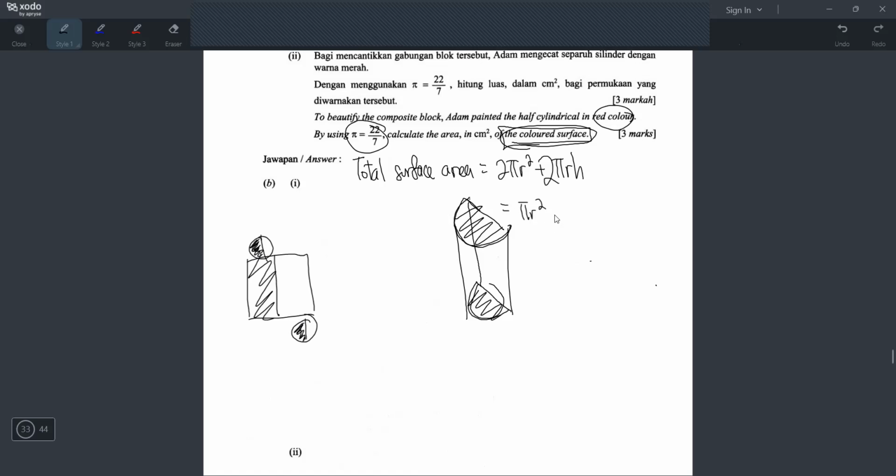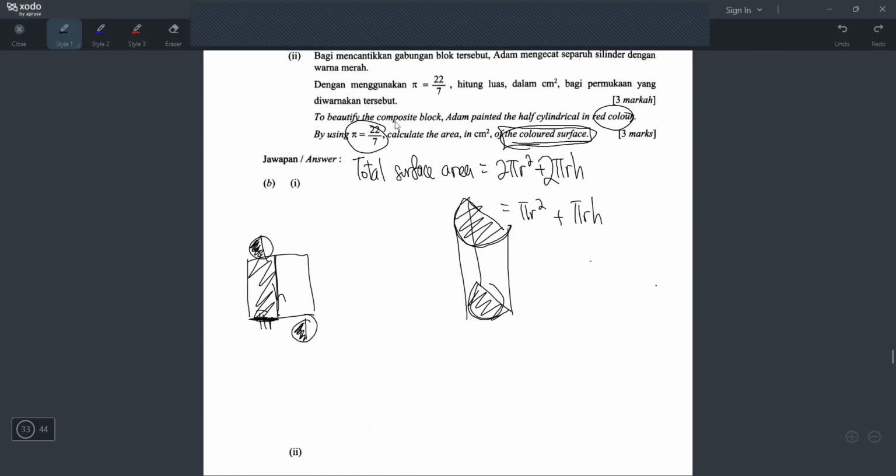So it's just pi r square only. And then plus this one, it will not be 2 pi rh anymore. It will just be pi rh. Do you understand? Because the formula for this is base times height, but the base is no longer 2 pi r. It will be 2 pi r divided by 2 because the base is already reduced to half. And then the height is h. So this is the formula that I will use to find the area.